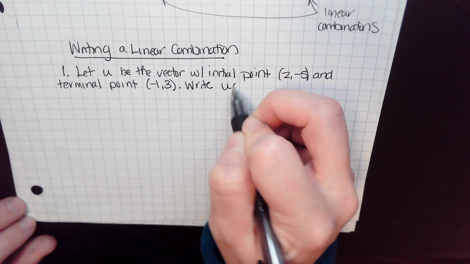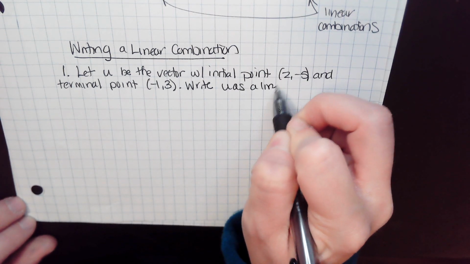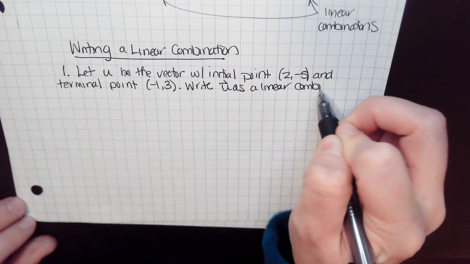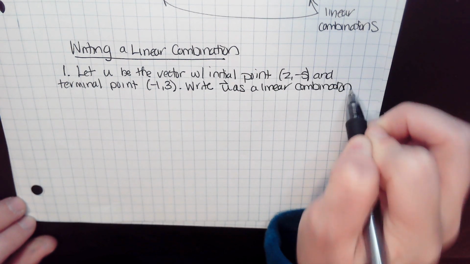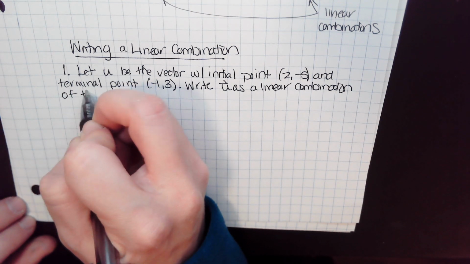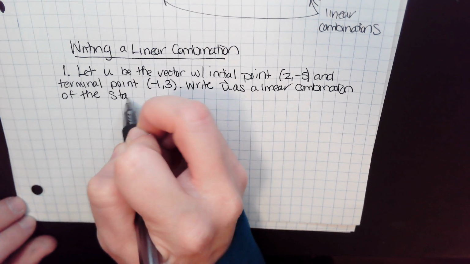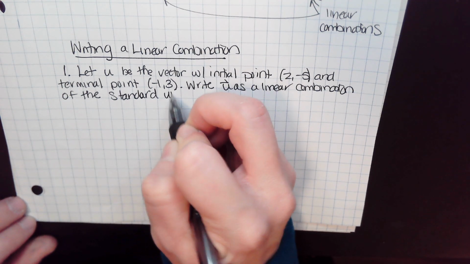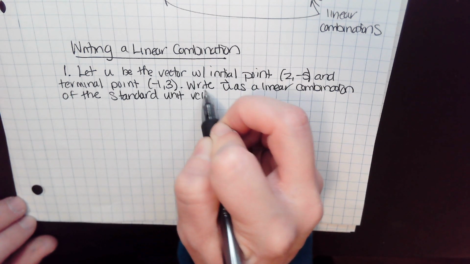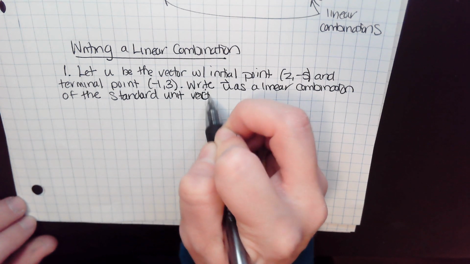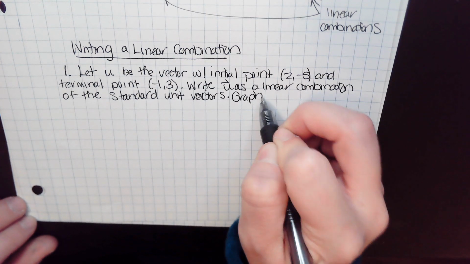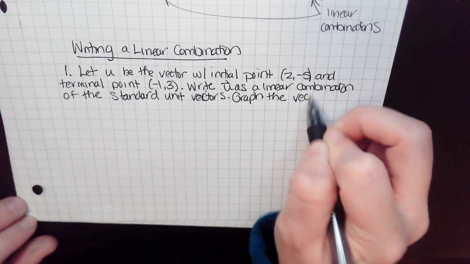Write vector u as a linear combination of the standard unit vectors, meaning i and j, and then graph the vectors as well.